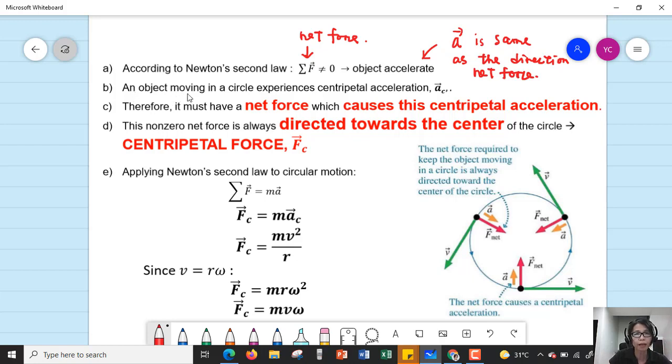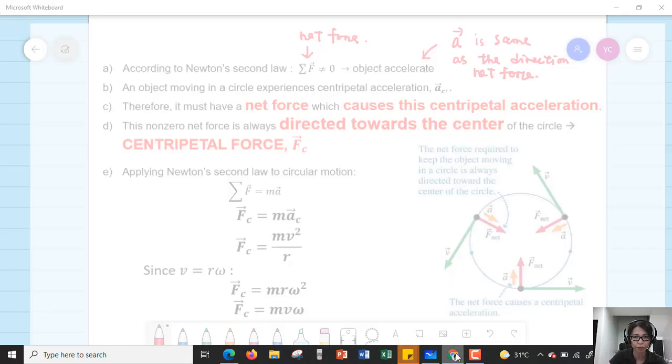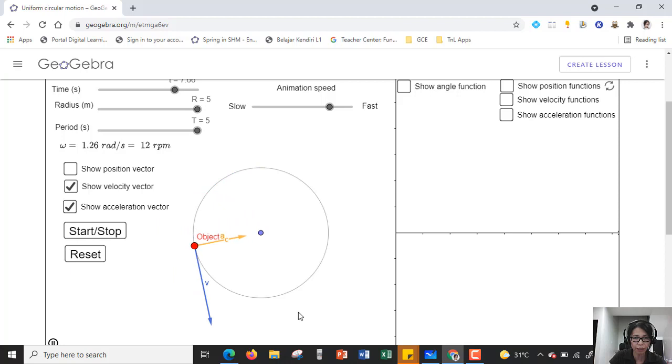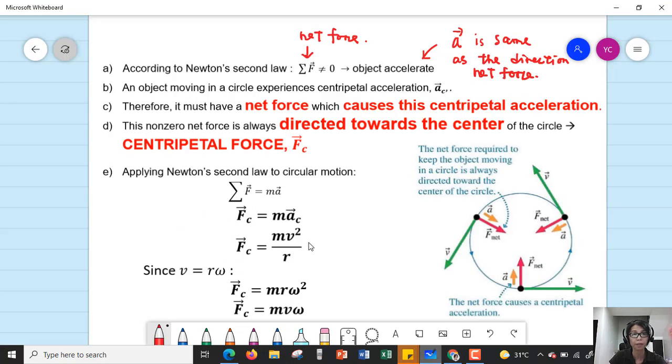For an object that moves in a circle, we know that the object experiences centripetal acceleration a_c. You can see it obviously from the video. When an object moves in a circle, it experiences centripetal acceleration towards the center of the circle. So if the object accelerates towards the center, there must be a net force which causes this centripetal acceleration.